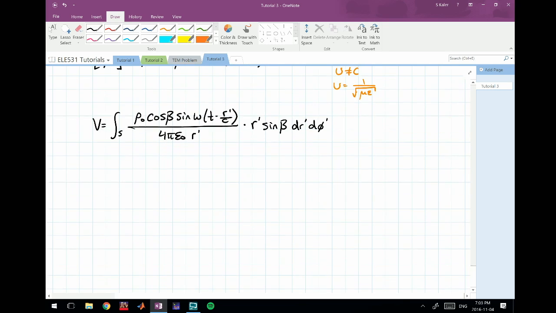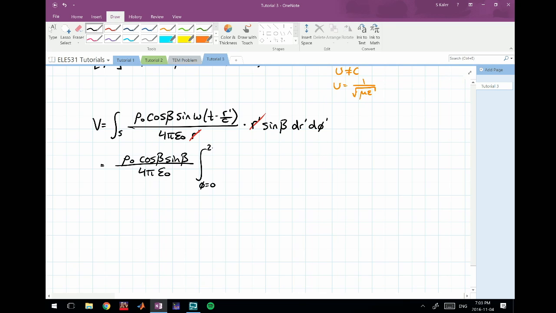So what I'm going to do is pull everything that's constant out. I guess we can cancel these things as well. So I'm going to pull all the constant terms out: cos beta sine beta over 4 pi epsilon naught, integral from phi prime equals 0 to 2 pi of d phi prime.